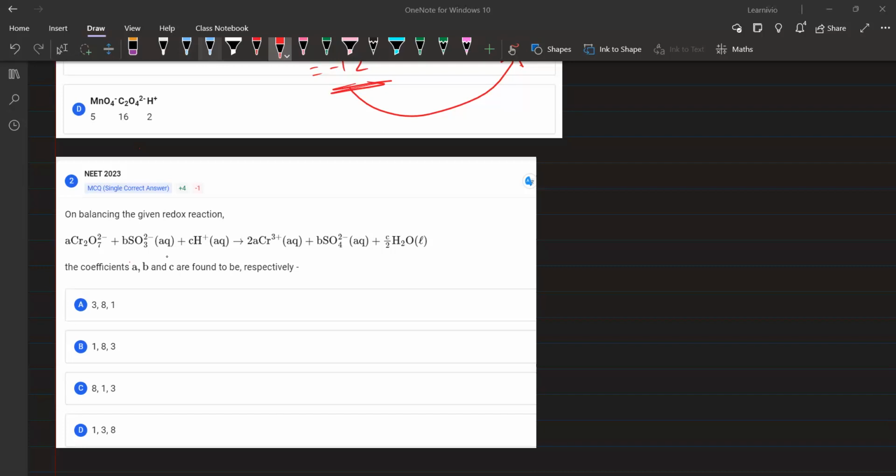Cr2O7 2 negative goes to Cr3 positive. Here the oxidation state of chromium is +6, and it is going from +6 to +3. That means the oxidation state changes by 3, but we are having 2 chromium atoms, so 6 electrons will be used for this.